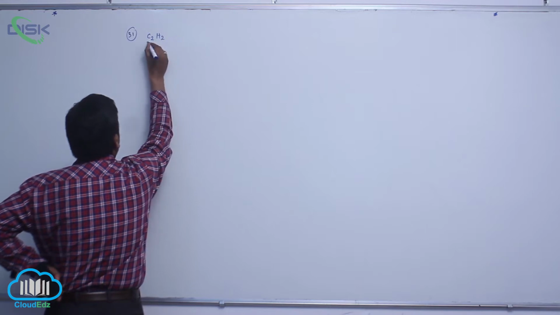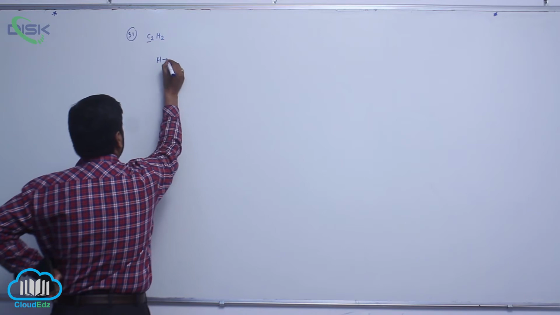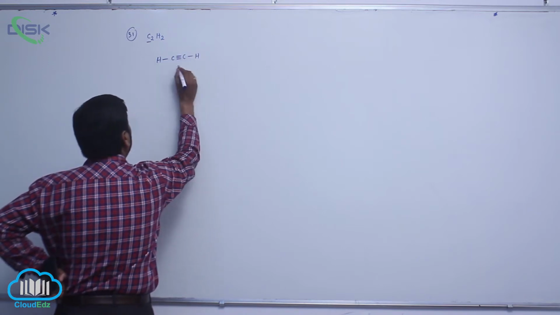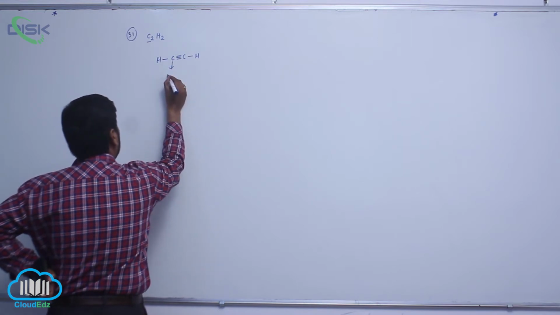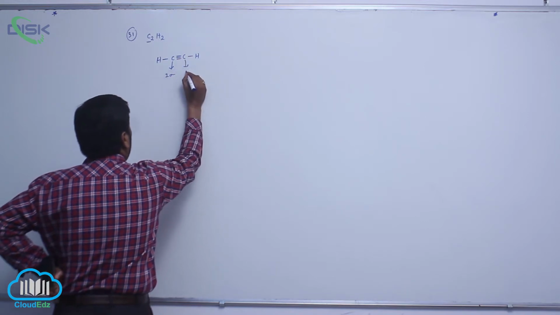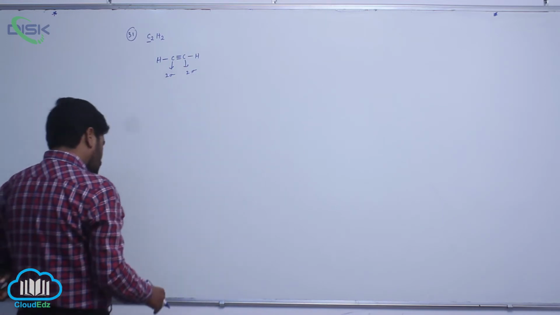C2H2, central atom is carbon, so therefore here is hydrogen, C triple bond CH. Around this carbon the number of sigma bonds is 2, around this carbon the number of sigma bonds is also 2.